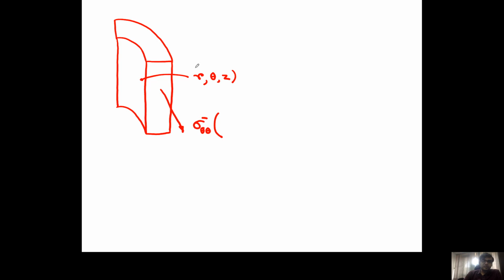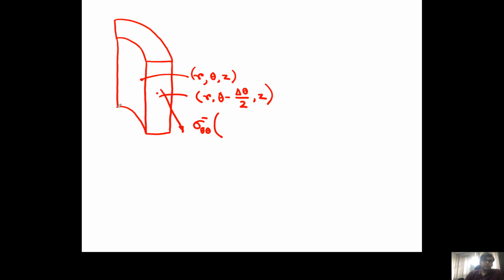Now we are taking the centroid of this surface, the center of the theta plane, so the coordinate here will be r, theta minus delta theta by 2, comma z.